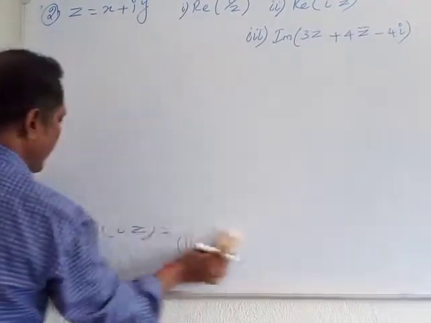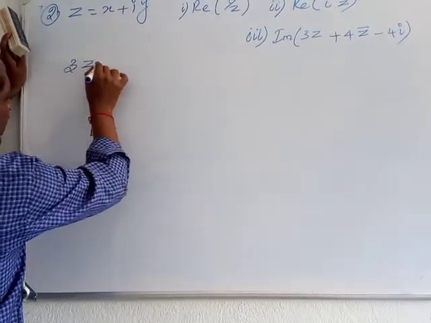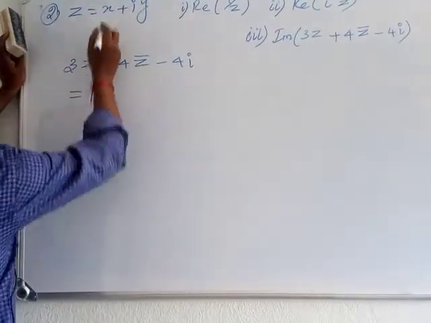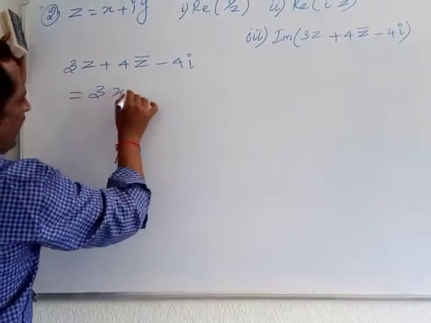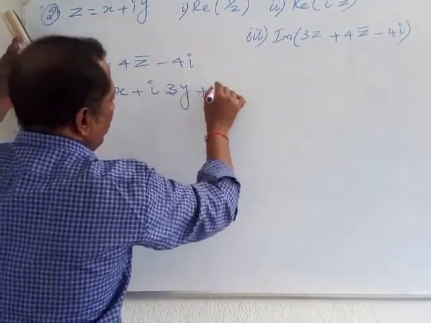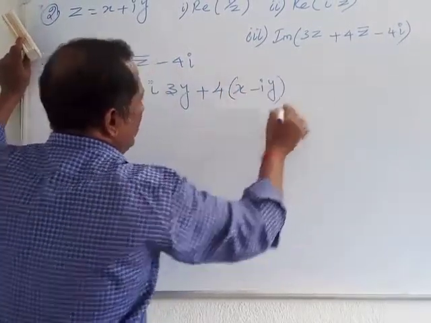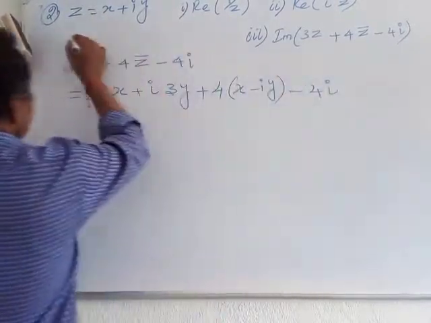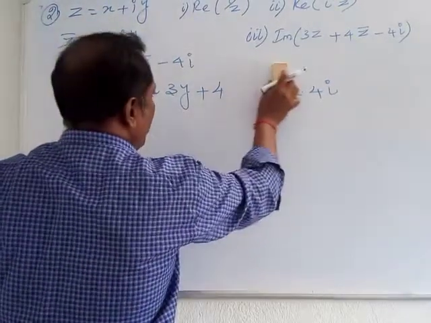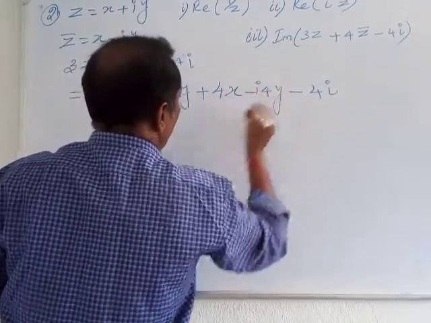Now the third one is the imaginary part of 3z plus 4z bar minus 4i. First you have to calculate 3z plus 4z bar minus 4i. 3z: z is multiplied by 3, so 3x plus i into 3y. Next, 4z bar: 4 into z bar, where z bar is x minus iy, so 4x minus i into 4y.